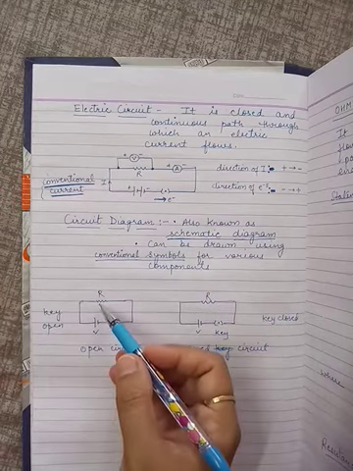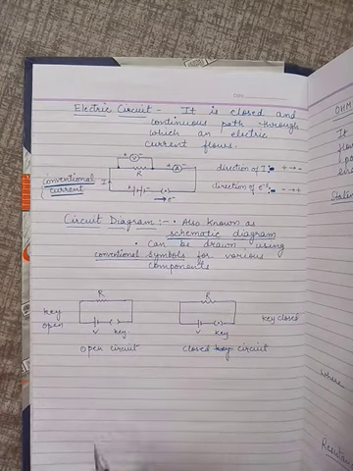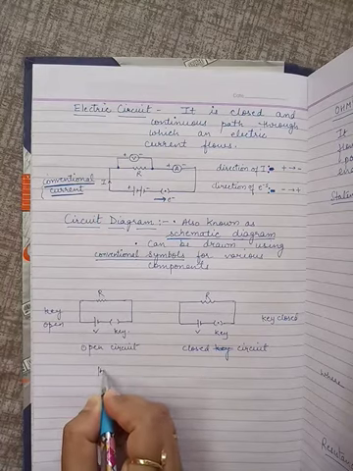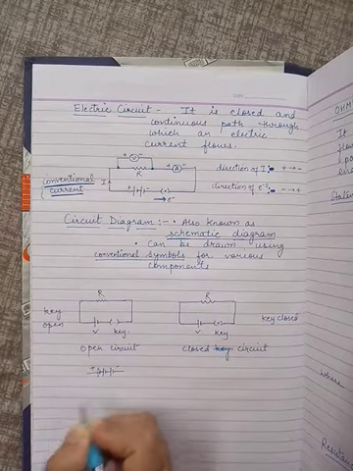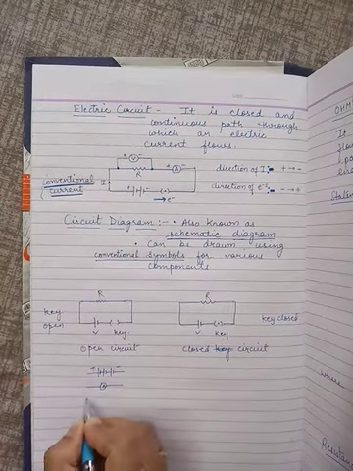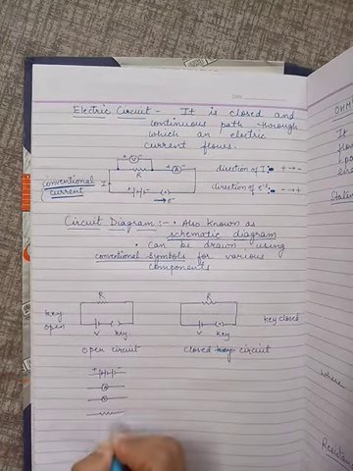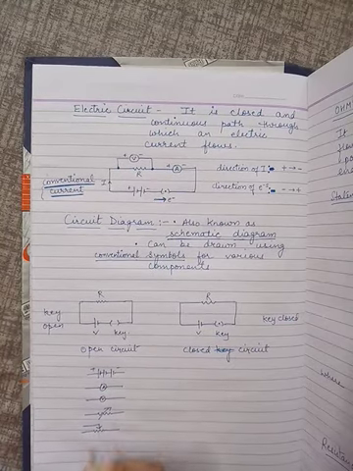Now different symbols are given. For the resistor we use this symbol, for the cell we use this symbol, for a battery we use this kind of symbol, battery of 2 cells, battery of 3 cells. For an ammeter we have seen already this, for a voltmeter we have seen already this, for a variable resistor like this, for a rheostat like this.